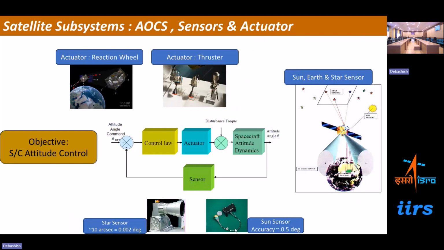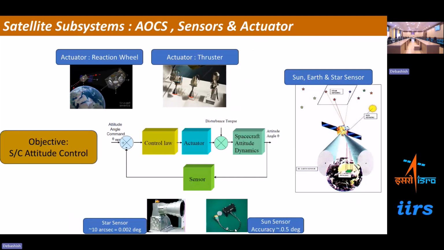Why so many types of sensors? Their accuracy level is the main factor. Star sensors have arc second accuracy; generally a star sensor gives 10 arc second accuracy, which is around 0.002 degree. So if I use the star sensor, I should be able to control or measure the attitude deviation on the order of 0.002 degree.